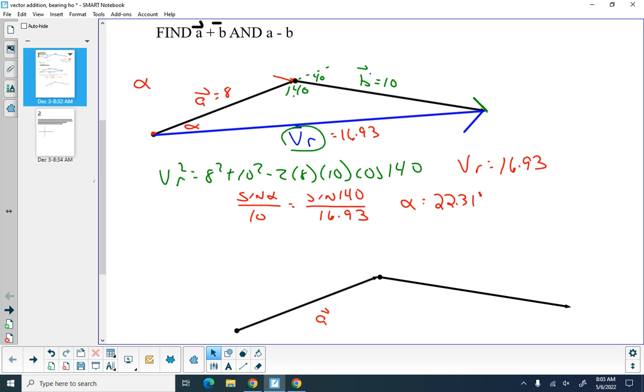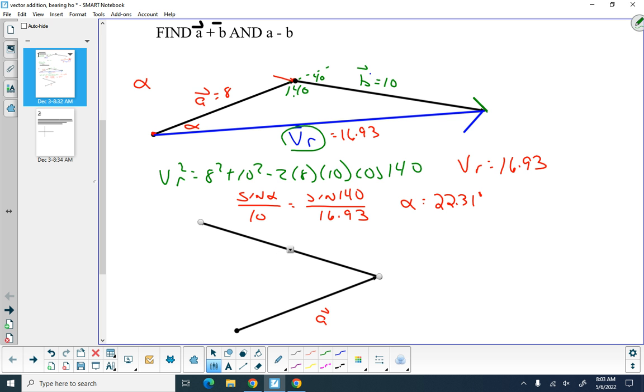That's if I add B. If I go the opposite to B, that means I'm just going in the opposite direction, which means I'm going in this direction. So this is your negative B. And we draw in our resultant vector.